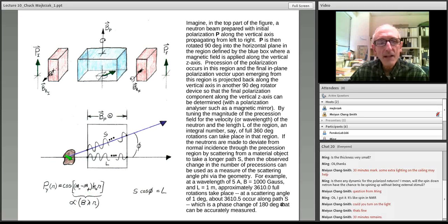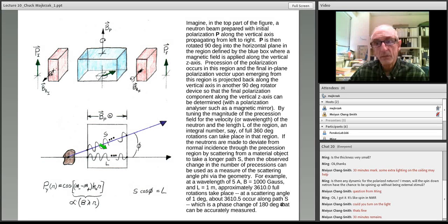And imagine a neutron coming straight across with all these field, distance and speed parameters adjusted so we make an integral number of rotations. We go around, let's say, 3,610 times across this distance. But then we look at a neutron from a sample that's been scattered at some angle phi, some scattering angle, and now what's different here? What's different is that the path length is longer.